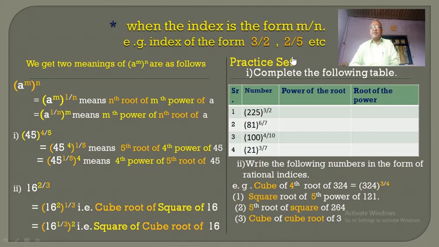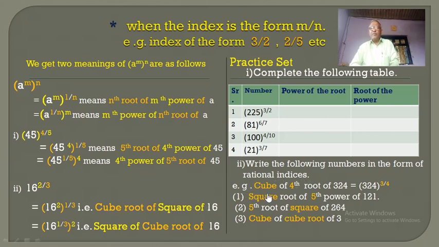Practice set. Here, first question, complete the following table. You plot this table in your notebook and solve correctly. Second question is, write the following numbers in the form of rational indices.